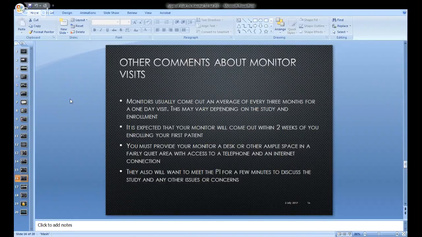Say, for example, if you are monitoring 6 subjects, then the files of 6 subjects, medical records, your clinical trial documents, and lots and lots of documents.